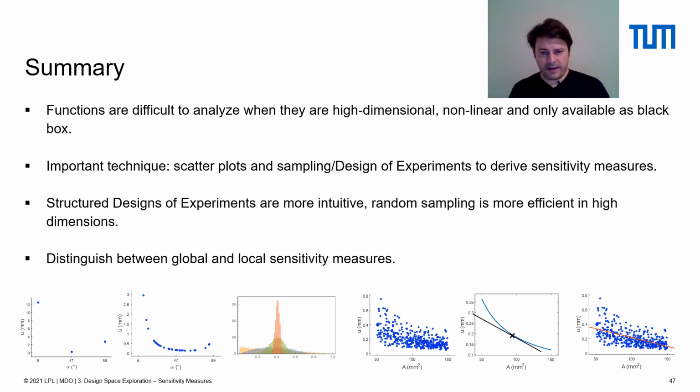You cannot directly compare regression coefficients or gradients because they have physical dimensions. You can compare them if you normalize them, but then again, normalizing will mean that you put in some weighting factor that will affect your final evaluation or assessment of the relevance of a design variable.